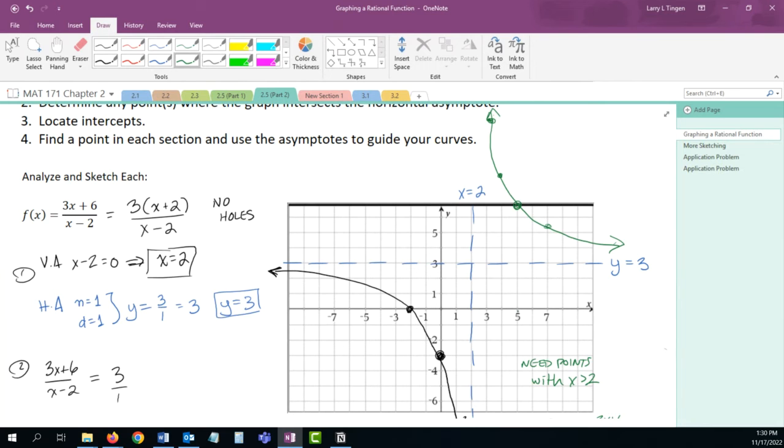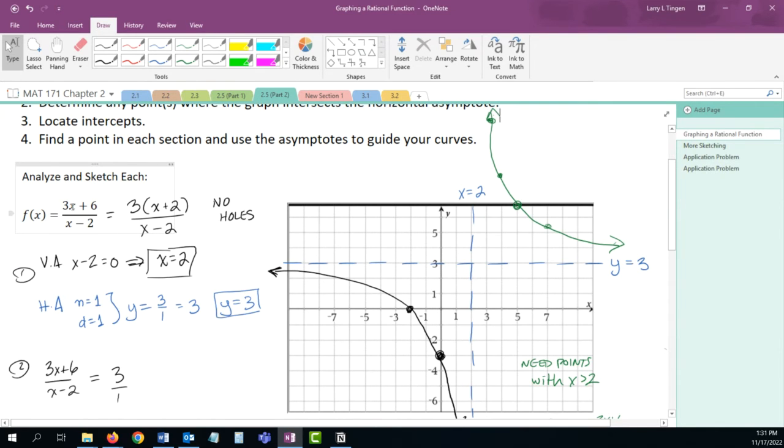The reason that I'm up here, I want you to take a look at the original function. When x is to the left of 2, you have to zoom out a little bit with me here. When x is less than 2, and so what happens up here?